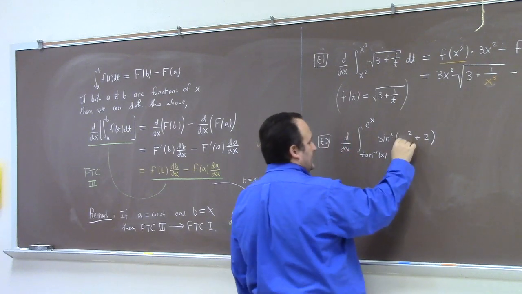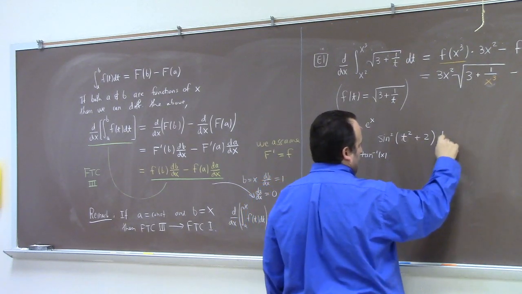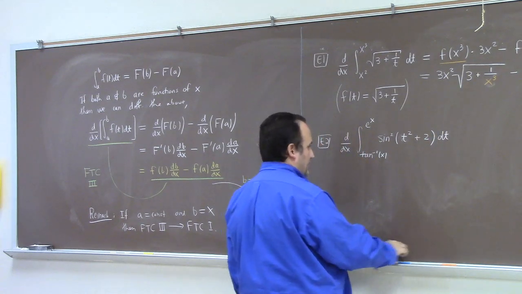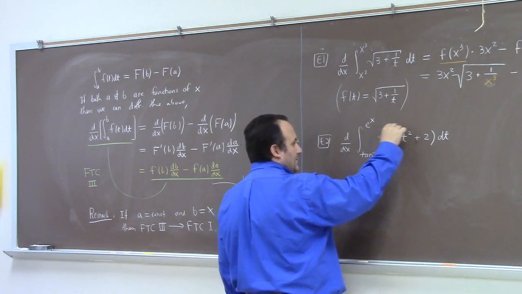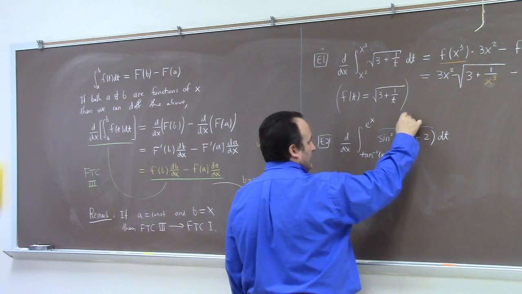I should have said t squared, sorry. So identify, this right here is my quote unquote f of t.